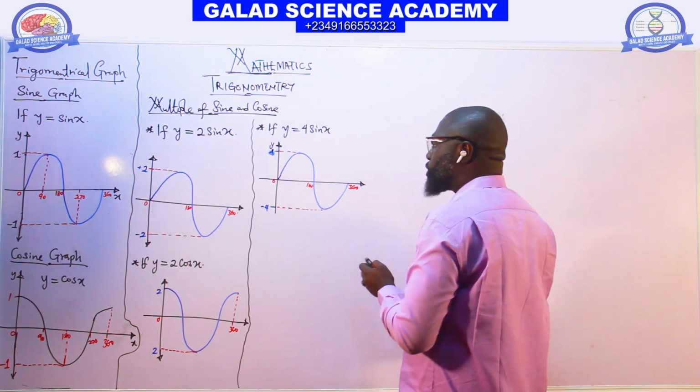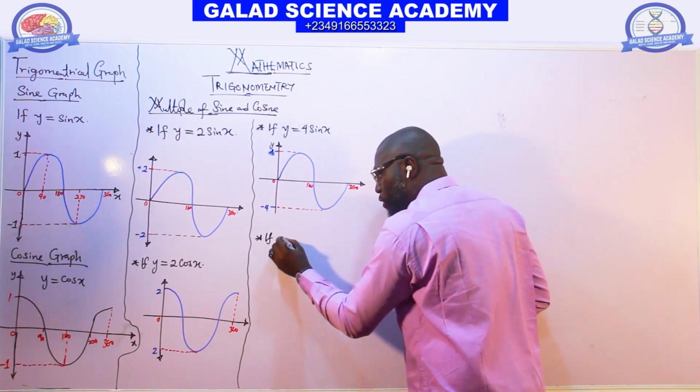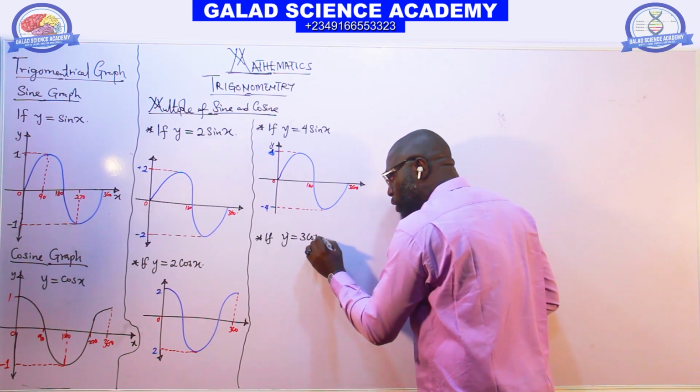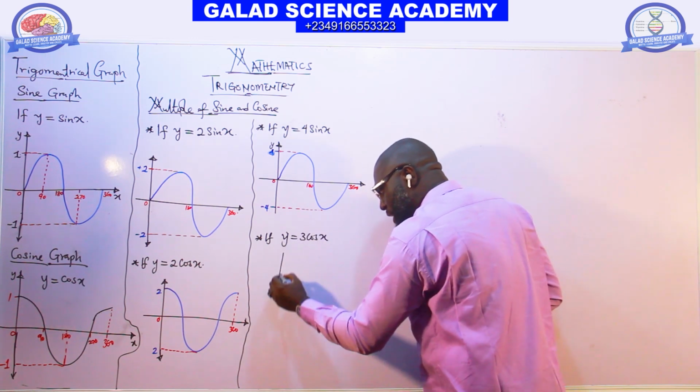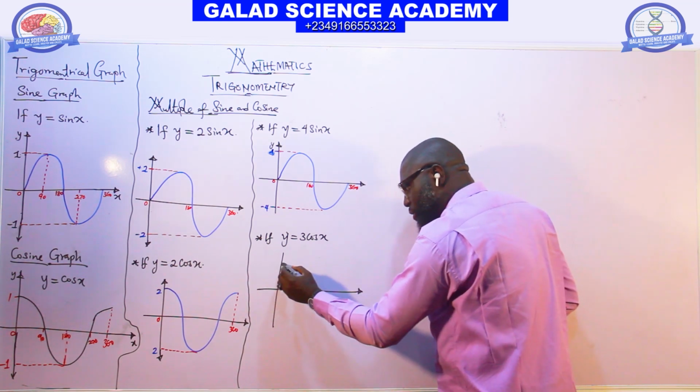But in case of cos theta, if you are given y equal to 3 cos x, the graph will look like this.